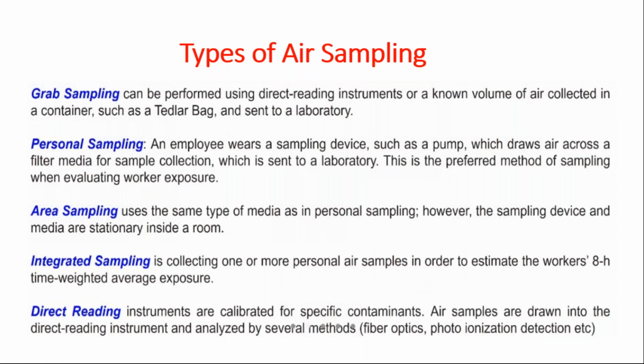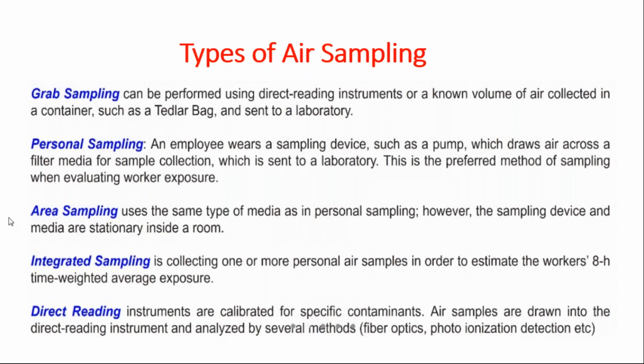In short, the summary of this slide is that we can have different types of samples by different methods. There is grab sampling, in which we capture a fixed volume of air, and there is personal sampling, in which the pump is attached to the worker.